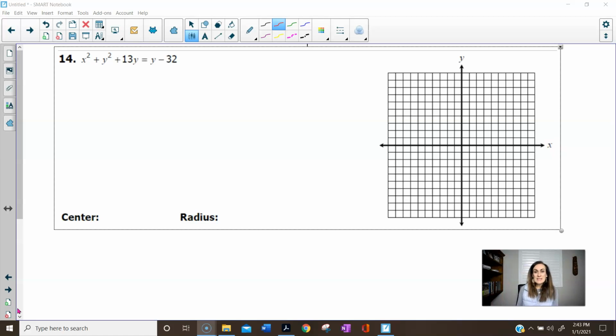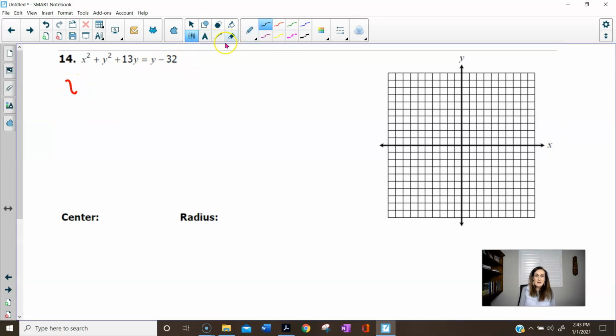So to get this in standard form, we are going to need to complete the square. So the first thing we want to do is gather together all our x's and our y's. So x squared, and there's no other x's. And now I'm going to gather my y's.